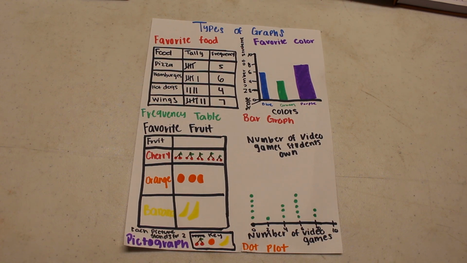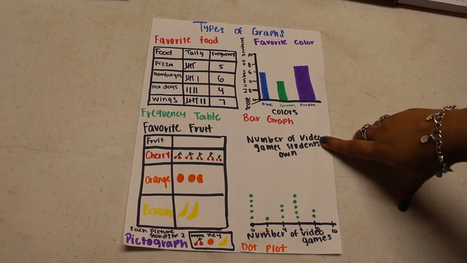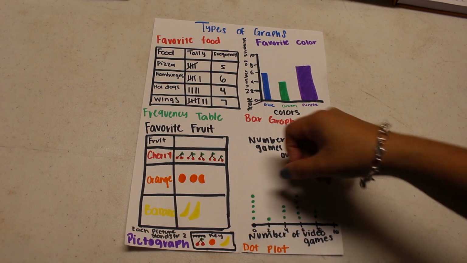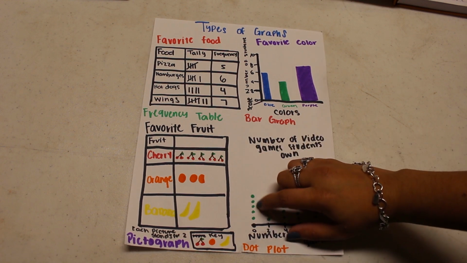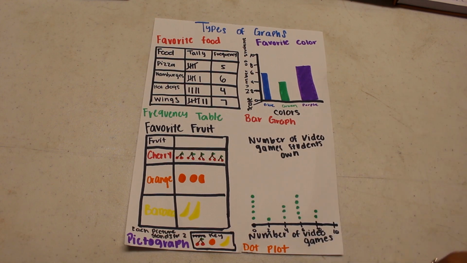The next type of graph that we have is a dot plot. A dot plot is a graphical display of data using dots, which is typically used for smaller data. Here we have the title, number of video games students own, where we see how in 0, we have 1, 2, 3, 4, 5 students that do not own any video games.